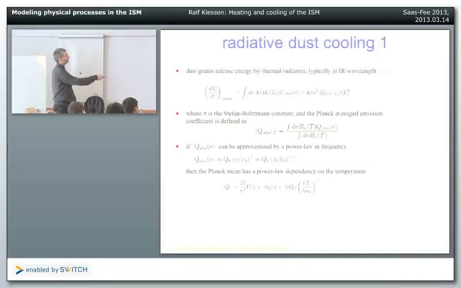I introduce an effective absorption coefficient, and I express the energy density that I have in the Planck function by the Stefan-Boltzmann law, so it goes with the dust temperature to the 4th power. This is the definition of the effective absorption coefficient. It is the so-called Planck averaged emission coefficient. So whenever you do these averages, you want effective quantities, effective absorption. You can do Planck averages, you can do Rosseland mean averages, etc.